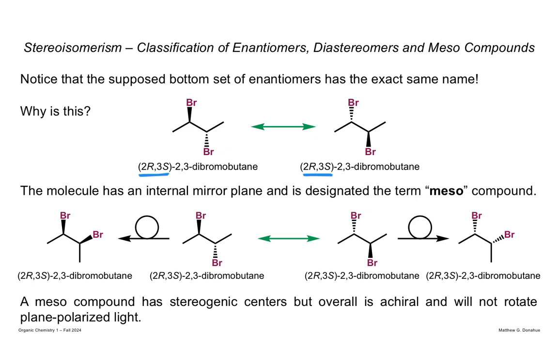Notice when I do that, this bromine was towards you, this one was away from you. When I do that, they're now both towards you. The same thing will happen over there. If I just take this and rotate it, see how they're both back now, which is the one on the right.